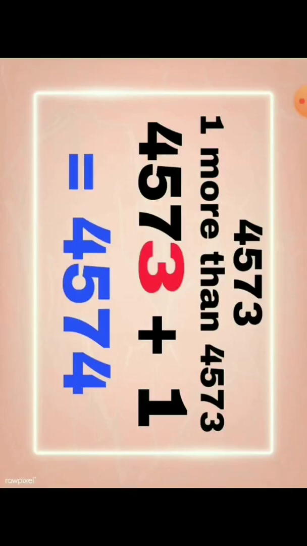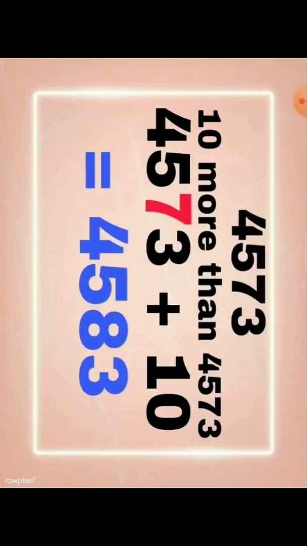So our number is 4573. 1 is added to the 3 because 1 is on the 1's place, and in this number 3 is also on the 1's place. So this 1 is added to the 1's place. That's why we get the number 4574.